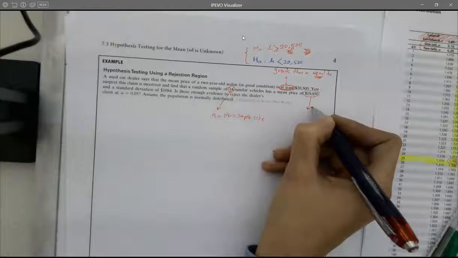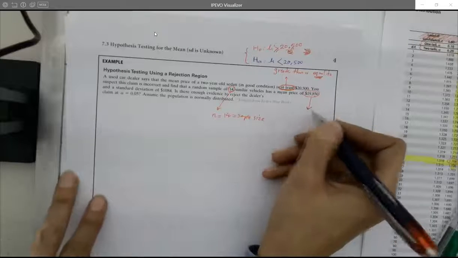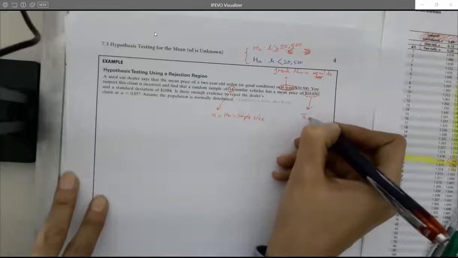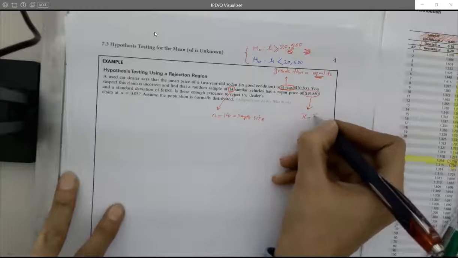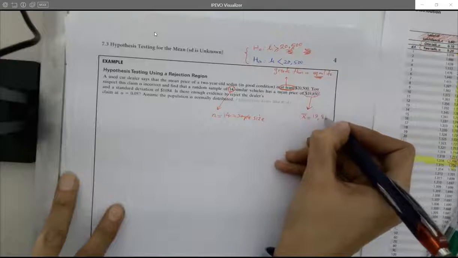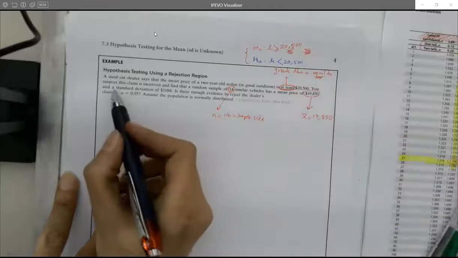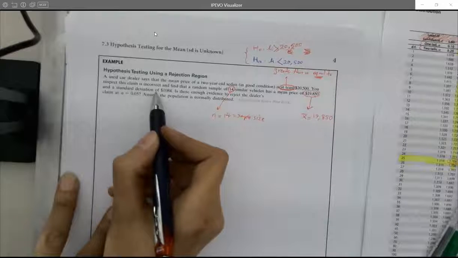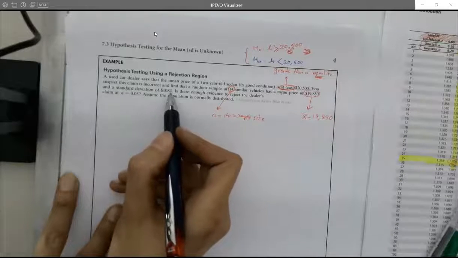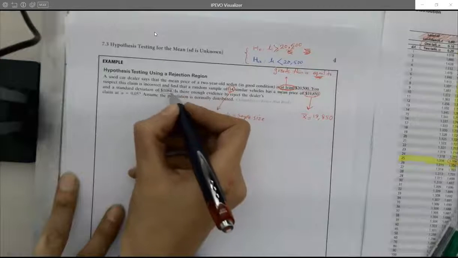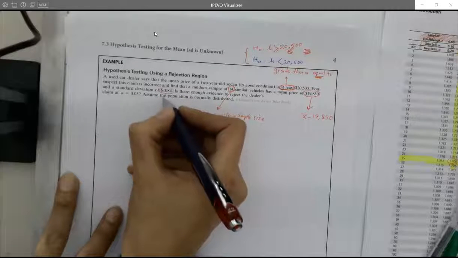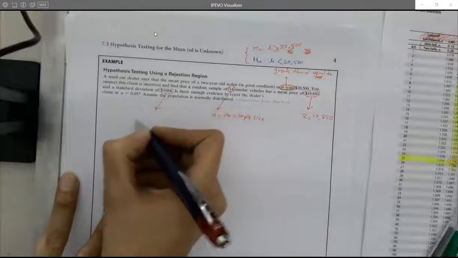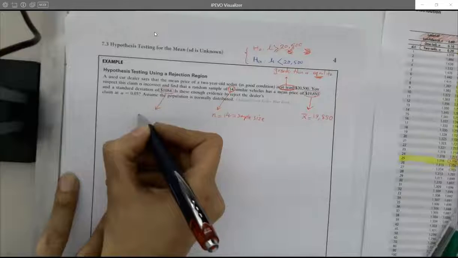X bar. Very good. And standard deviation of 1,084. What is this number? It says the standard deviation. Is it sigma or is it S? S. Very good.